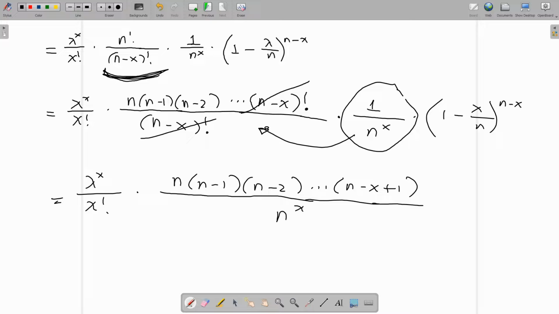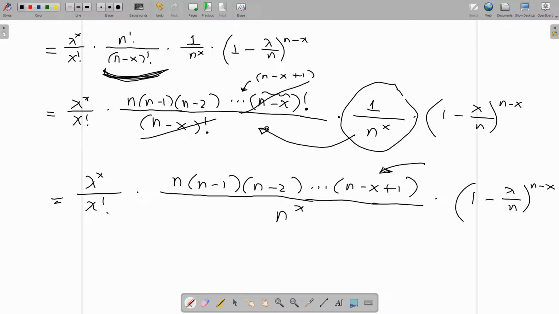Why up to n minus x plus 1? Remember that we have here a factor which is 1 greater than n minus x. We have here n minus x plus 1. Okay? So the rest, 1 minus lambda over n raised to n minus x.